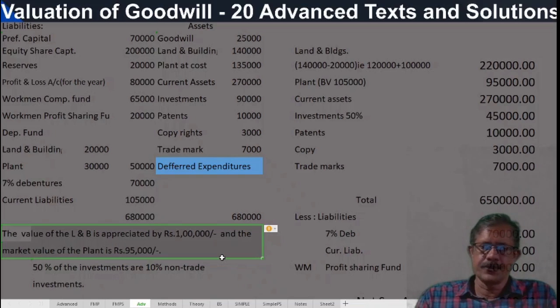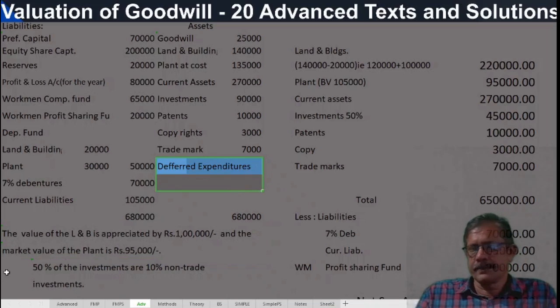These are all expectations only. Estimates, simply estimating, not liquidating. In the case of liquidation, realizable values are used, not even market value. But deferred expenditures are always not considered, and intangibles may become valueless in liquidation.